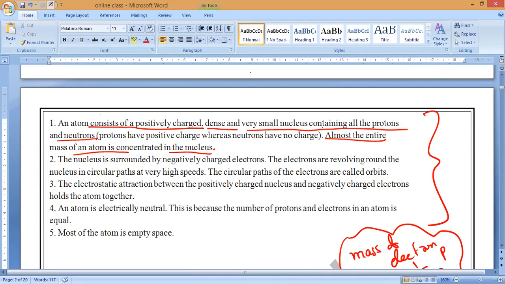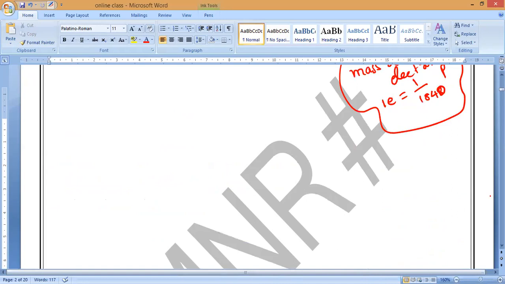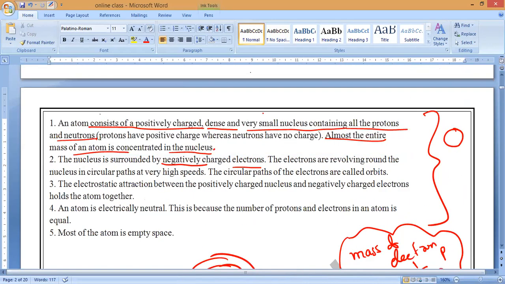Then the second one: the nucleus is surrounded by orbits, and negatively charged electrons are present in them. These electrons are not in a constant position; they are continuously revolving in the orbits. Electrons are not present at a stationary position.